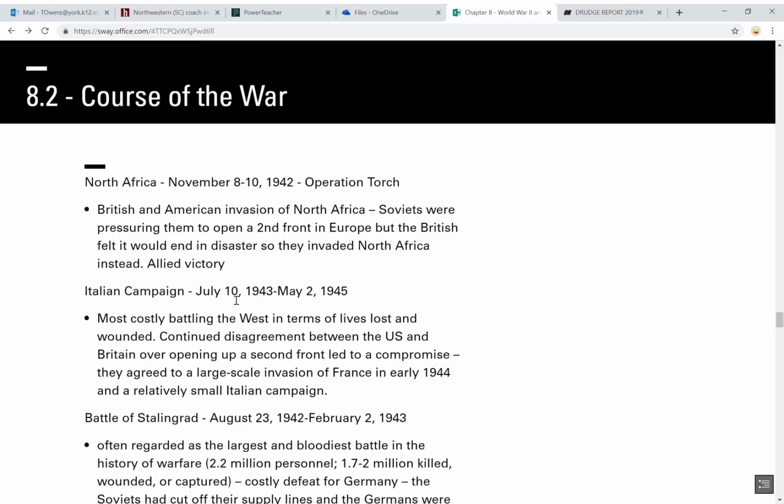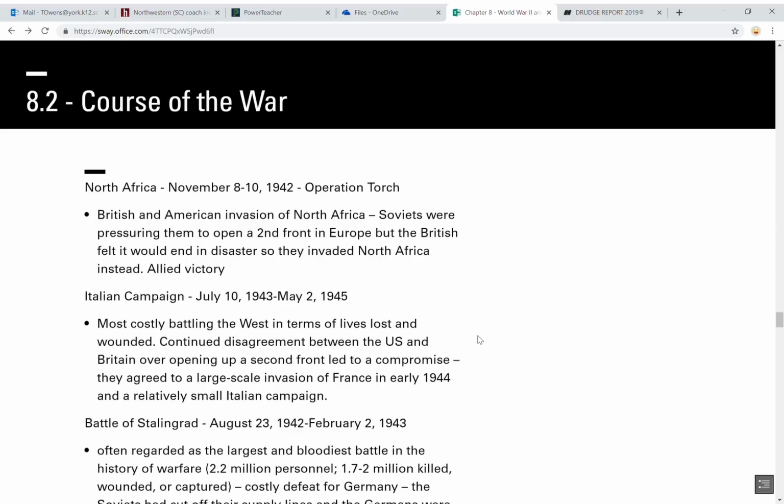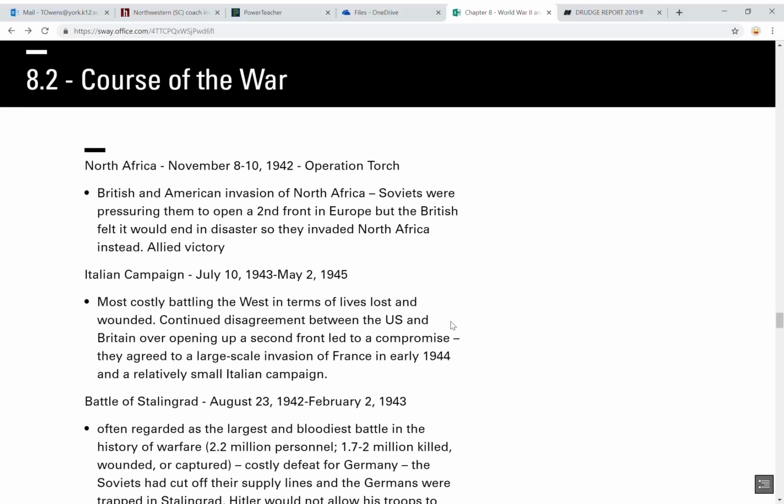Now you'll notice here that not too long after the North African campaign, we began the Italian campaign, but look how long it lasts. Italy was a tough nut to crack. It was not easy. This was one of the costliest battles in the West, just looking at the number of people killed and wounded.